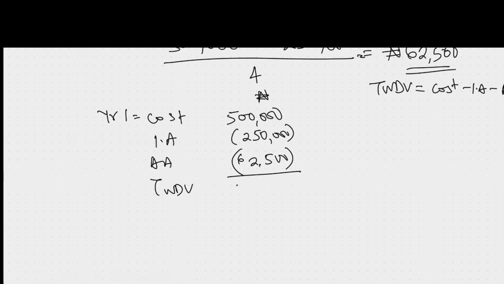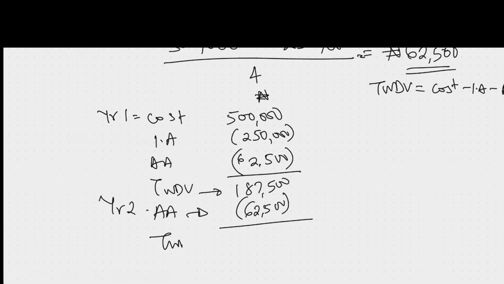187,500. In year 2, thank you, Mr. Hussein. In year 2, that is my tax written down value. So my tax written down value will now be 125,000.